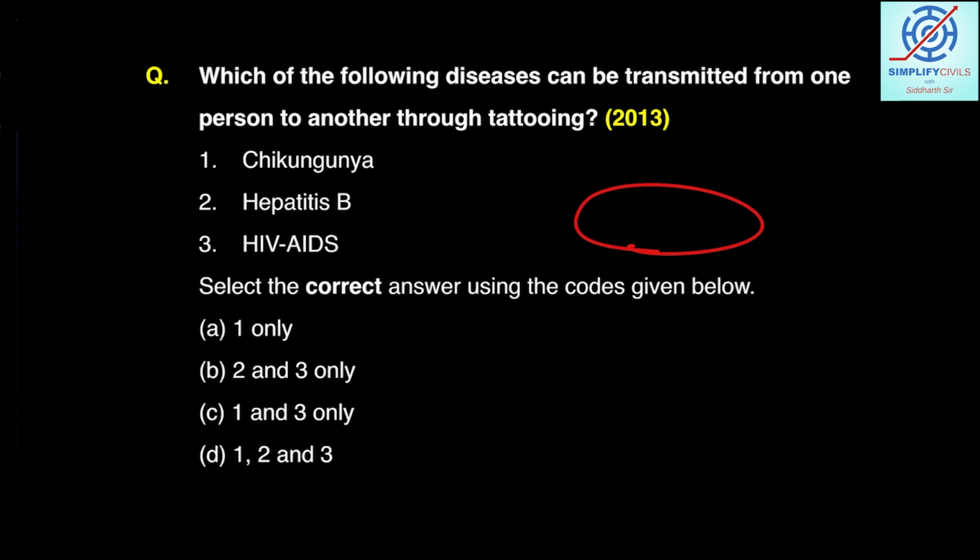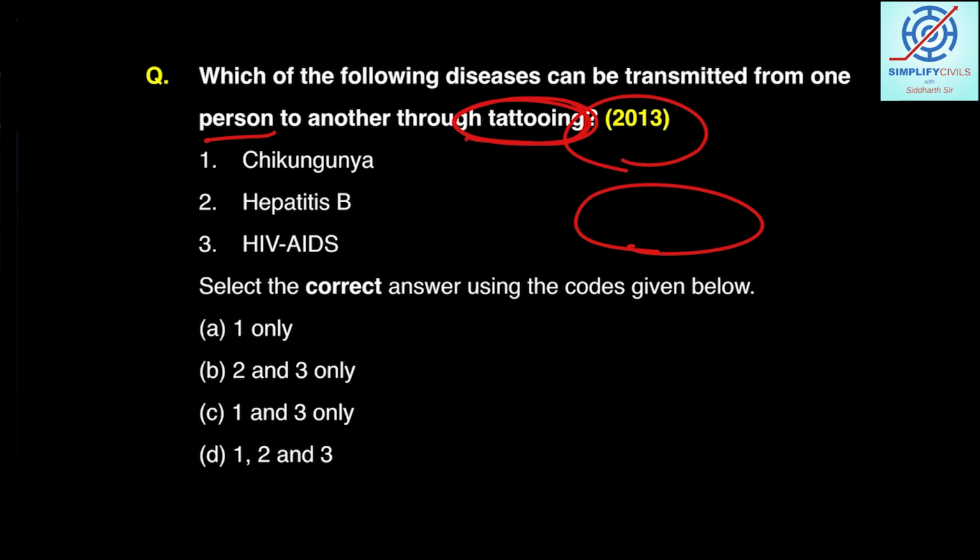Here, the question is of 2013, where it simply asked which of the diseases can be transmitted from one person to another through tattooing. You know that if a tattoo is being made for one person, and the same equipment or device is used for imprinting a tattoo on another person, what kind of diseases can spread?